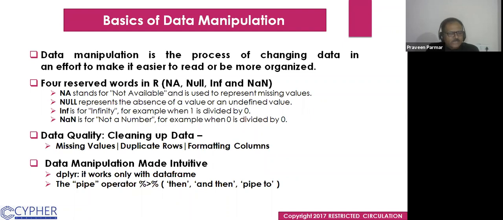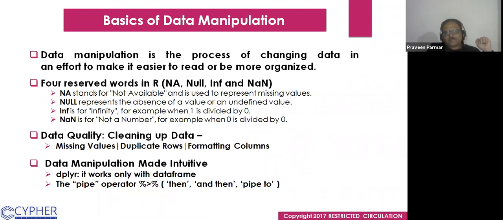Reserved words in R: NA, NULL, Inf, and NaN. NA stands for not available. It is for the missing value in R, and is used to represent missing values. NULL represents the absence of a value or an undefined value. That is not there.